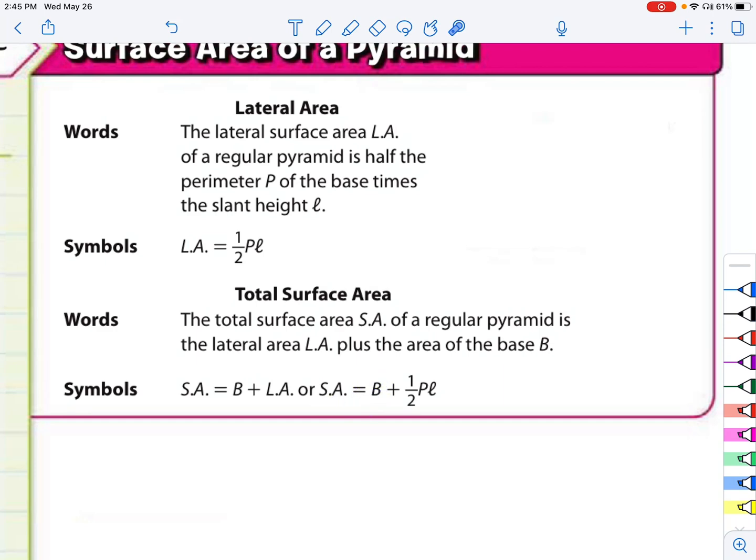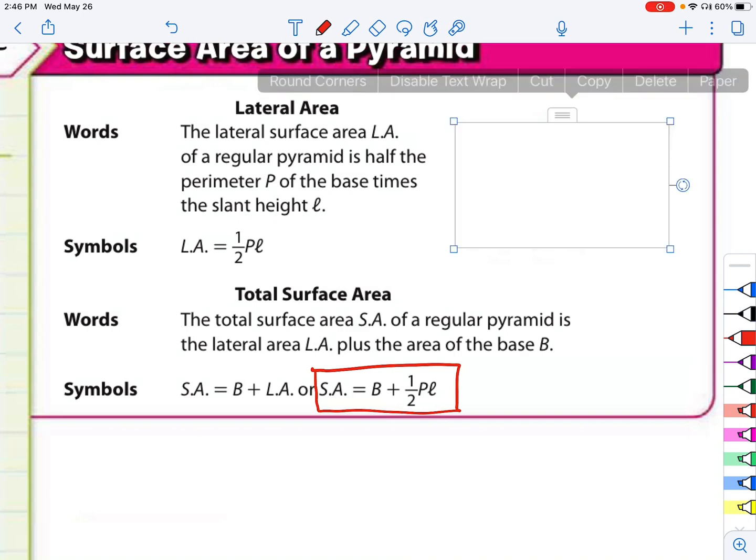We can have different shapes of the base, that's why it's still big B. And we substitute LA with 1/2 times the perimeter times the slant height, which gives us this formula for finding the surface area of our pyramid. There you go. So big B plus 1/2 the perimeter times the slant height.